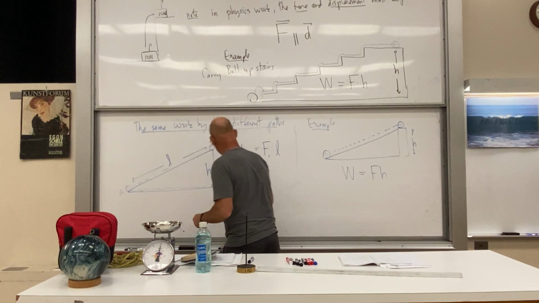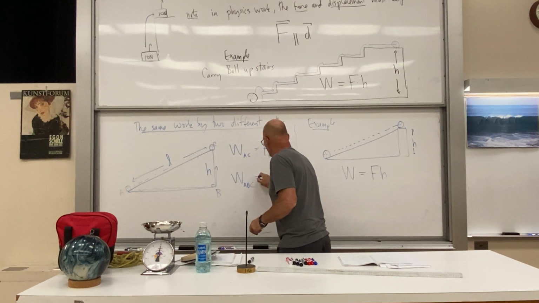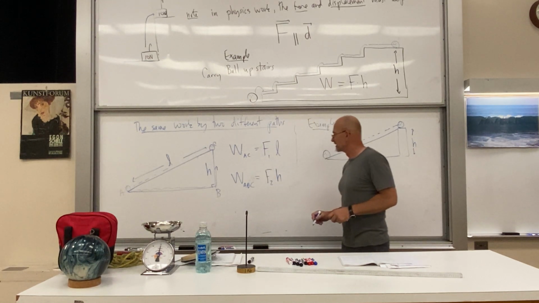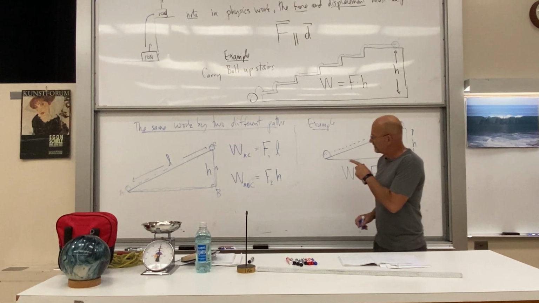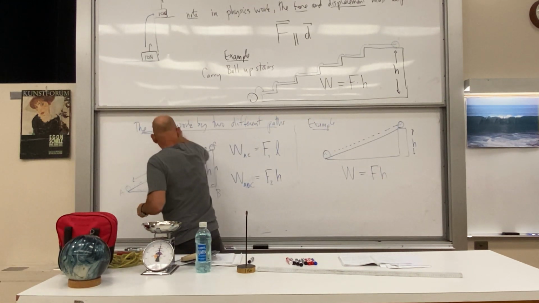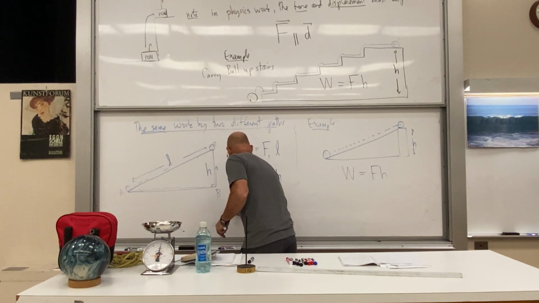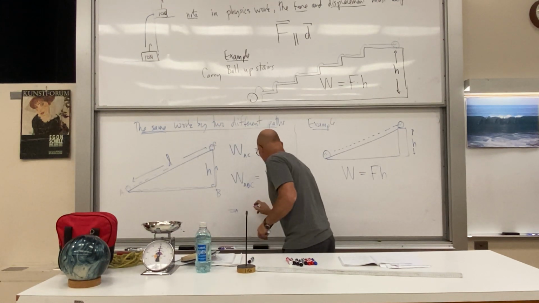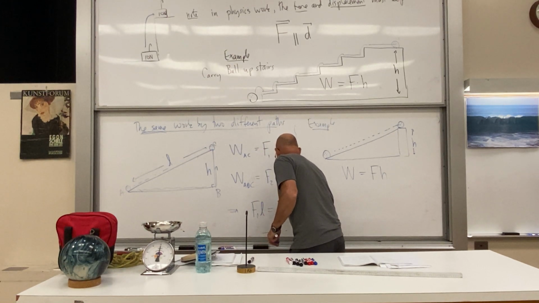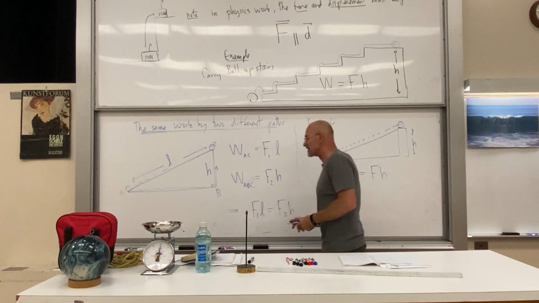And this is H. That is equal to F2 times H. But the same work by two different paths means that F1L is equal to F2 times H.